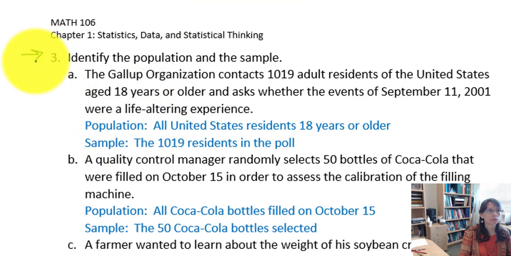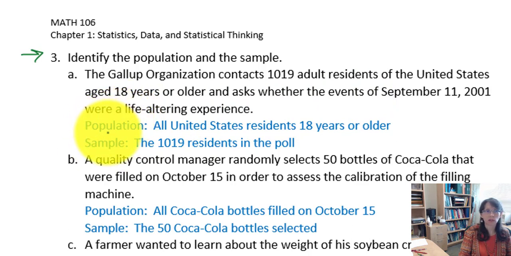For problem 3, we have to identify the population and the sample from the given description. It says for part A, the Gallup organization contacts 1,019 adult residents of the United States age 18 years or older and asks whether the events of September 11, 2001 were a life-altering experience.